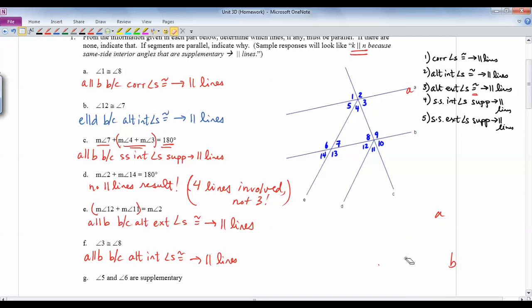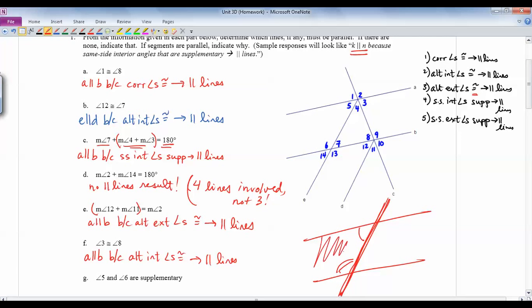Okay, let's take a look at the next one. Angle 5 and angle 6 are supplementary. Here's angle 5, here's angle 6. They're not equal, so I'm going to use different numbers of curves there. Angle 5 is formed by A and E, and angle 6 is formed by B and E. They're on the same side of the transversal, both on the left.